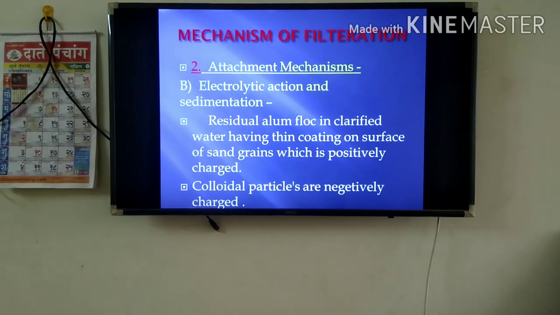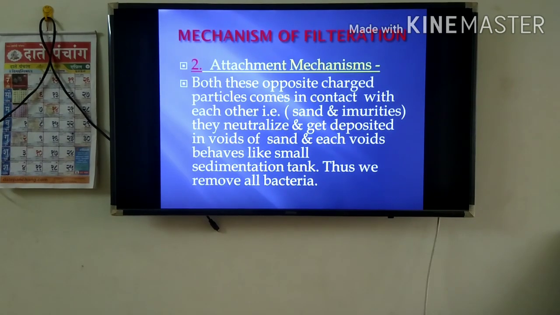After that, sand grains have a positive charge, and second, colloidal particles are negatively charged. Both these oppositely charged particles, that is, sand and impurities, come in contact with each other, then neutralize and get deposited in the voids of sand. Each void behaves like a small sedimentation tank. Thus we remove all bacteria.